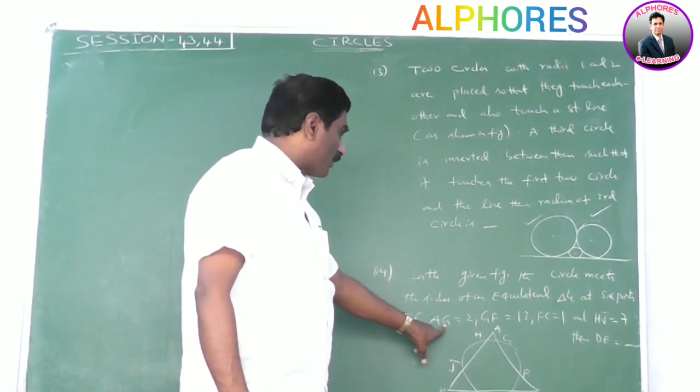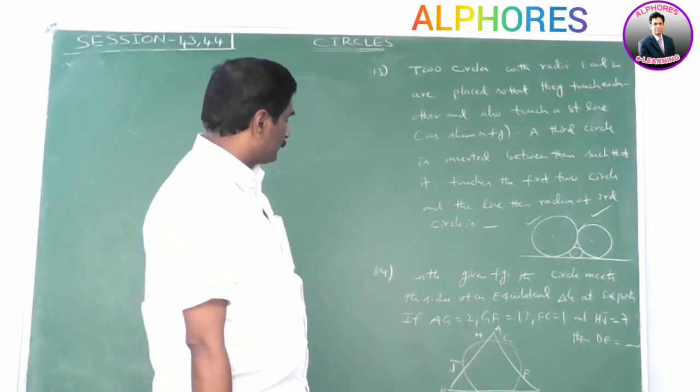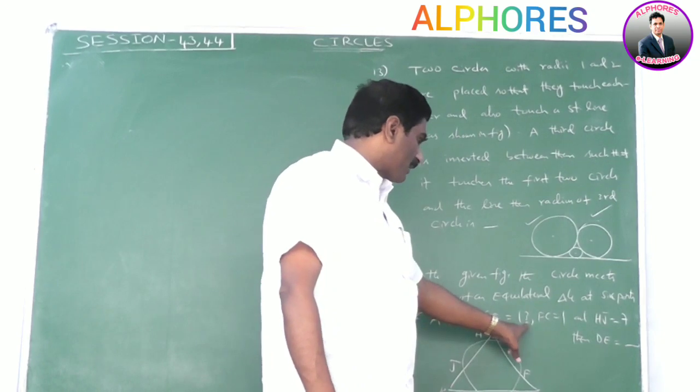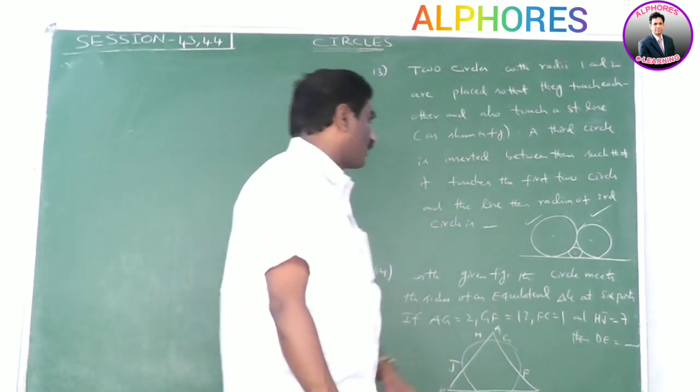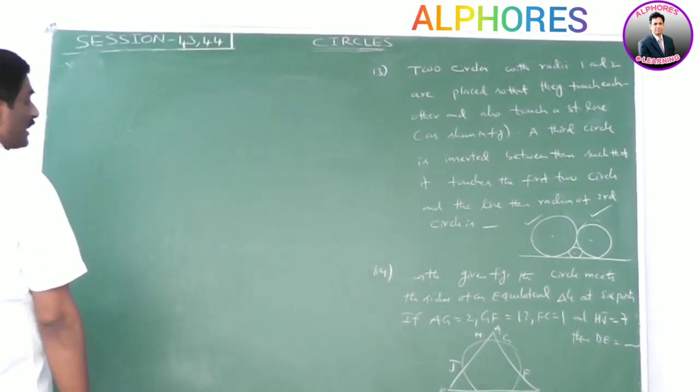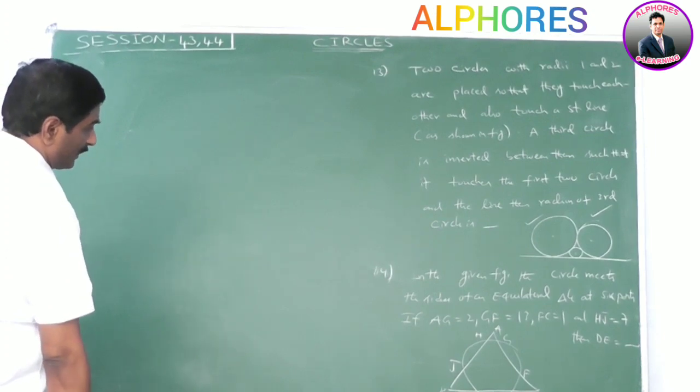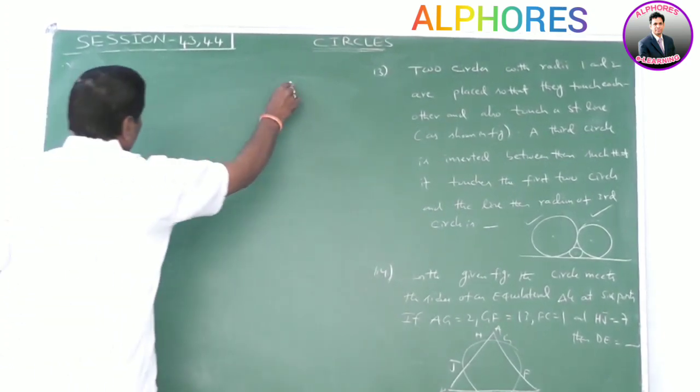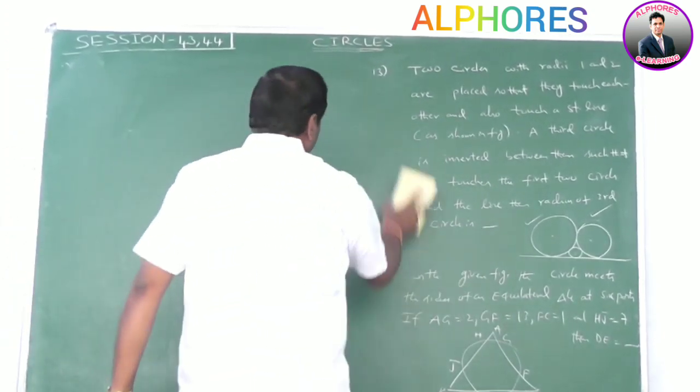If AG is equal to 2, GF is equal to 13, FC is equal to 1, and HG is equal to 7, then D is equal to dash. The diagram is in this way.